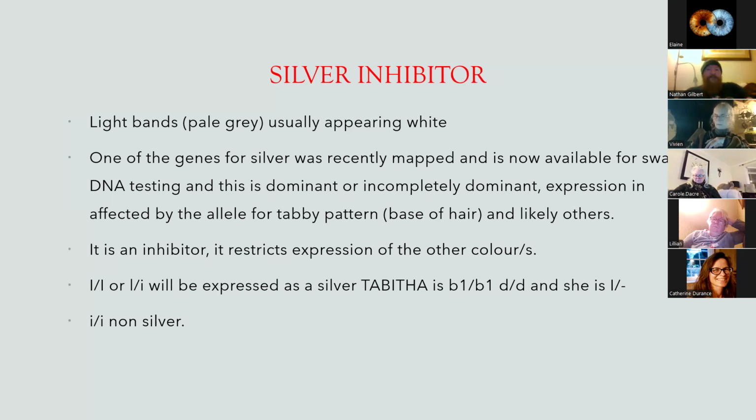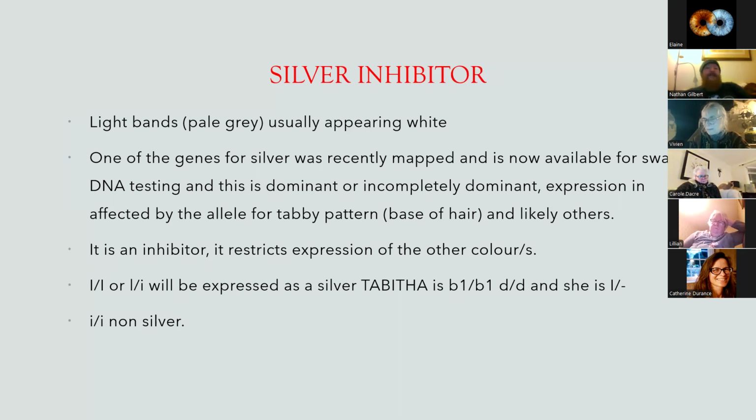And it's the gene that we have recently mapped and is now available for swab testing, a dominant gene. There may be some degree of incomplete dominance, and we're pretty sure there are also other lesser genes that can influence or make a cat be silver.